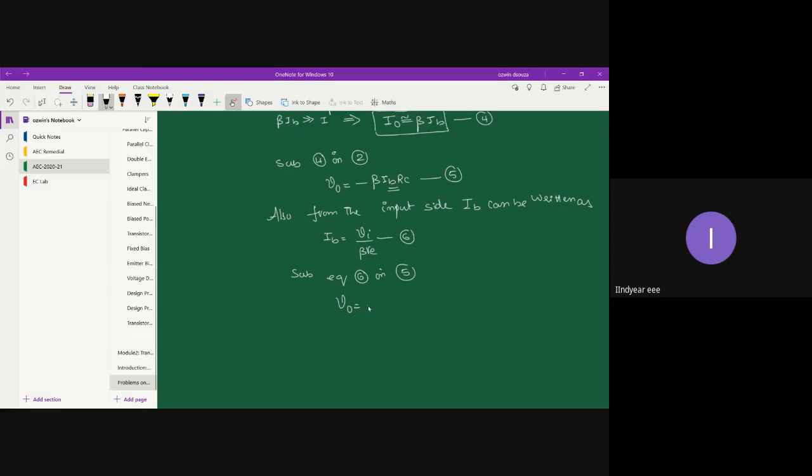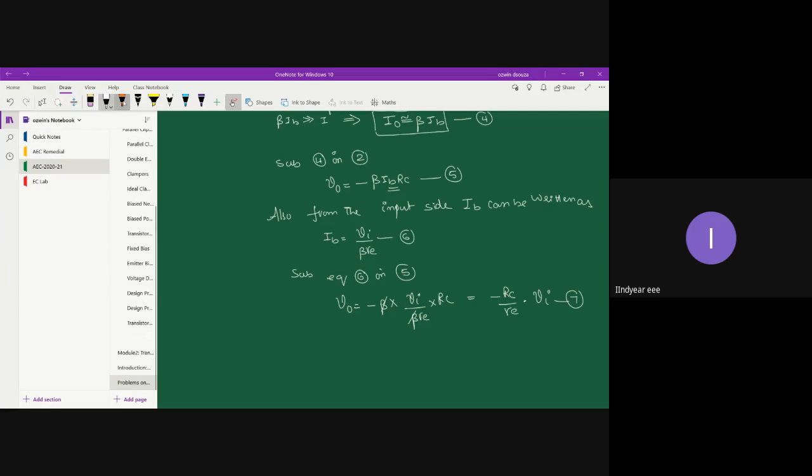So that becomes minus beta into IB, and against IB we have VI divided by beta RE, into RC. So beta gets cancelled. The output voltage expression you will get as the resistance ratio RC by RE into the input voltage VI. Say this is equation 7.